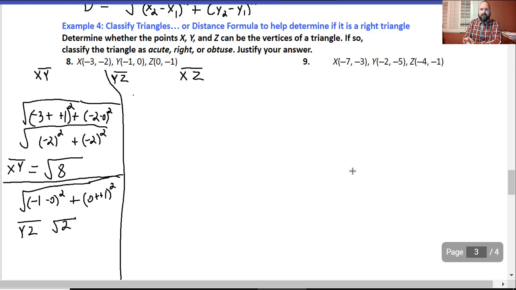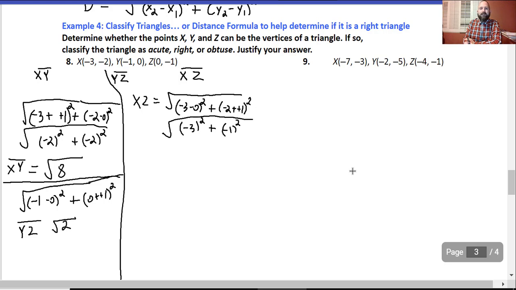So x to z is equal to the square root of -3 minus 0 squared plus -2 minus -1 squared. So minus minus becomes plus plus, and so we get -3 squared plus -1 squared. And we have to find the square root of xz. So -3 squared is 9, -1 squared is 1, so 10.